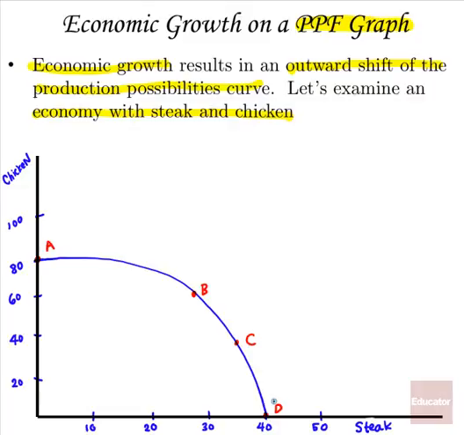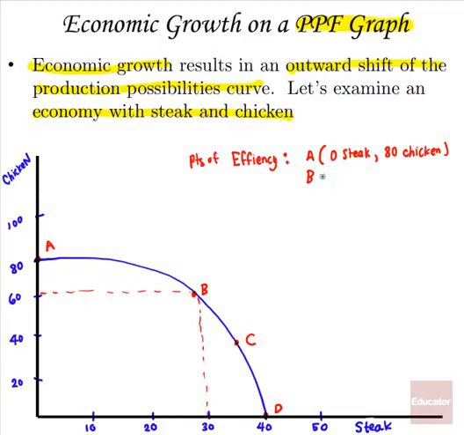So what are these points of efficiency here? It's always good to do a little bit of review. Points of efficiency. Okay. So that would be point A, which is going to be 0 steak and 80 chicken. Okay, point B, let's do 30 steak and 60 chicken.